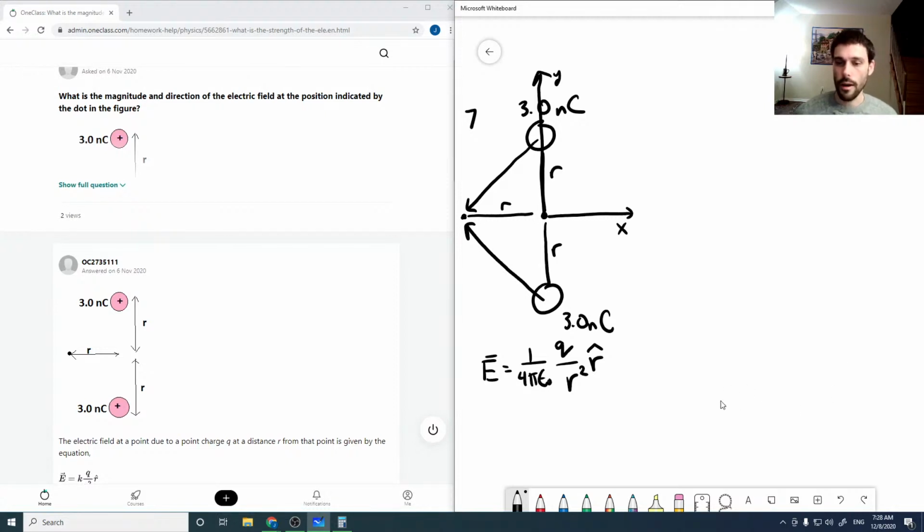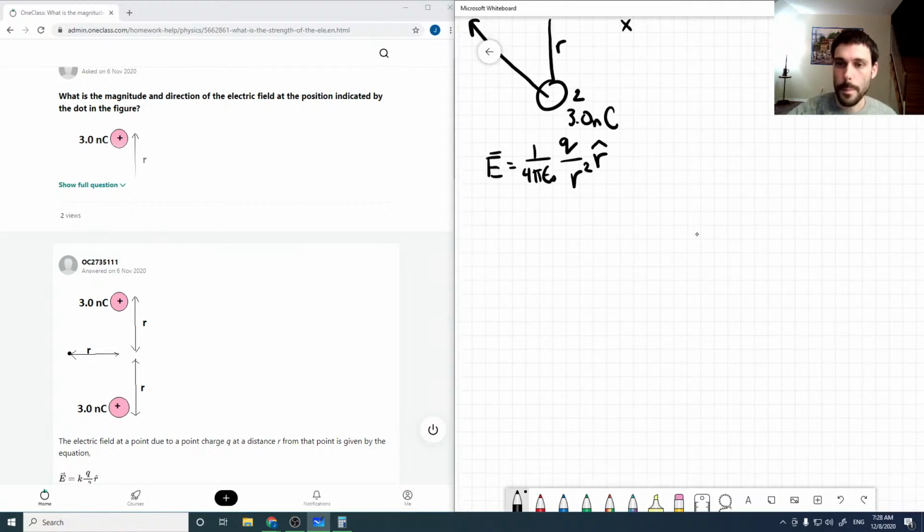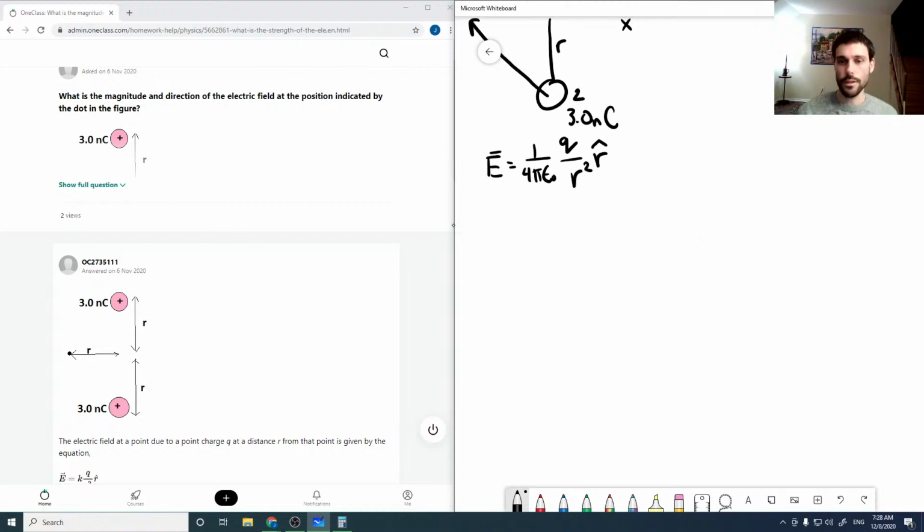And we have two charges, 1 and 2. So then we can get two electric fields, and then our total would be the sum.